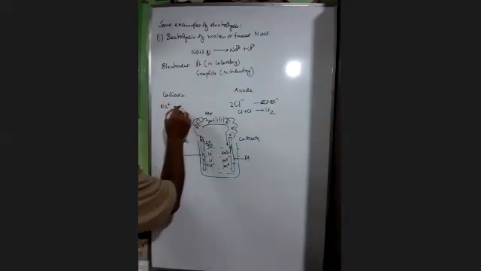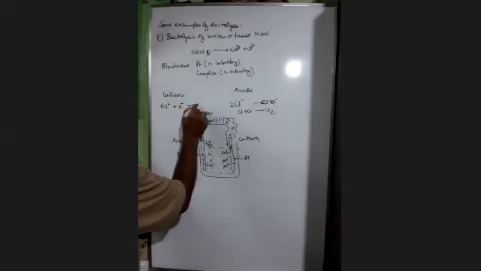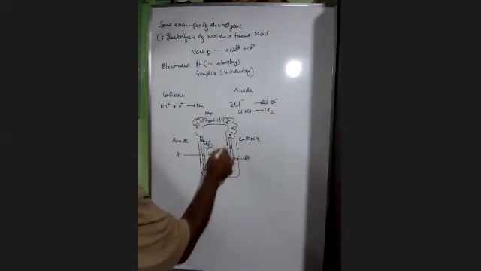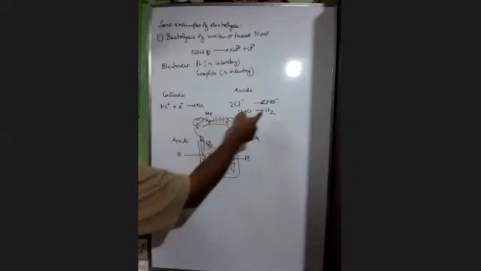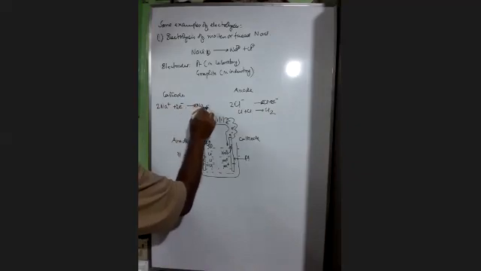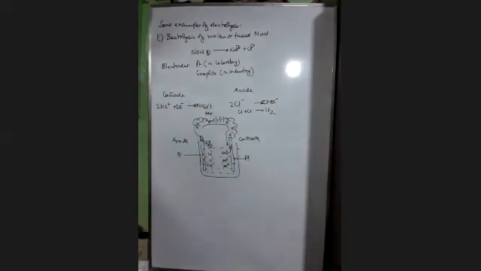Na plus plus electron. Sodium is a metal, so you'll find sodium will be deposited on the surface of the cathode. So let me write that just to balance it. This is the thing which happens here in case of molten sodium chloride. Now you draw it.